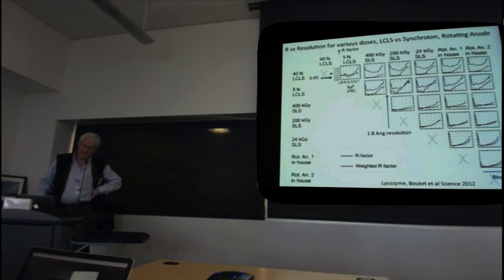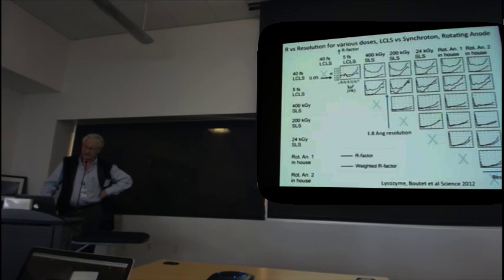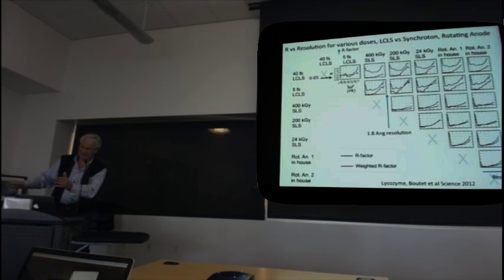You should know that there are comparisons in the literature between XFEL and synchrotron data. Don't repeat this work until you've looked at this paper. This is the Boutet and Schlichting paper, where in their supplementary information, which people often don't look at, you can see R factors taken between synchrotrons and XFELs.